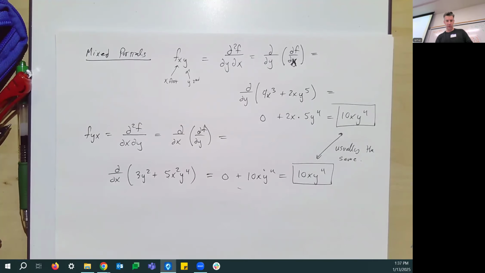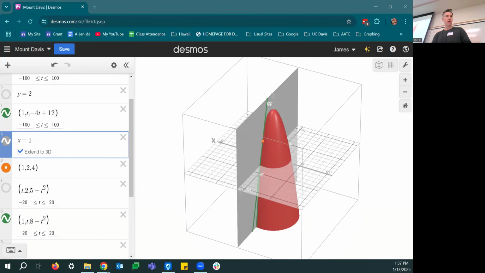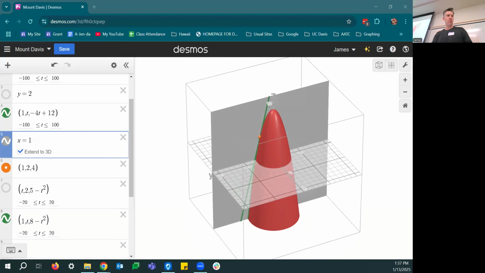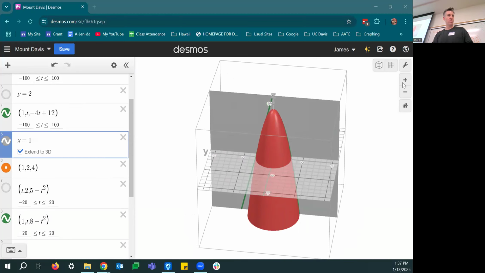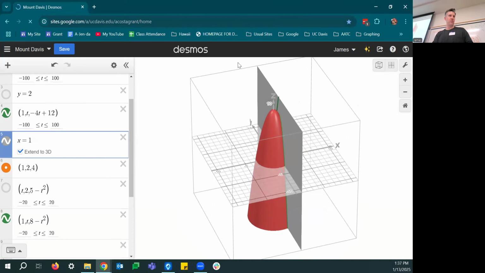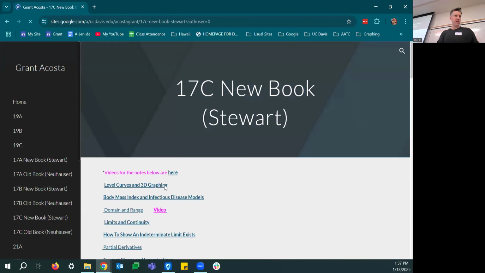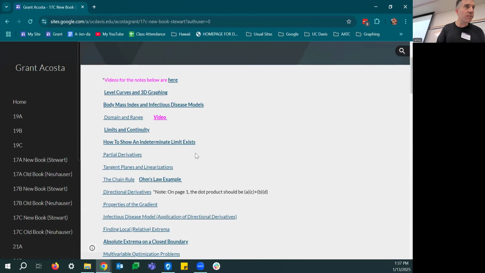If I can find it real quick here. Sorry, one second. It's not an easy function to just remember. So let me show you what I mean. Sorry, where'd you go, cursor? So let's look at Grant's very useful website. Let's go to Co-17C. I think this example is down here. Is it not down here?